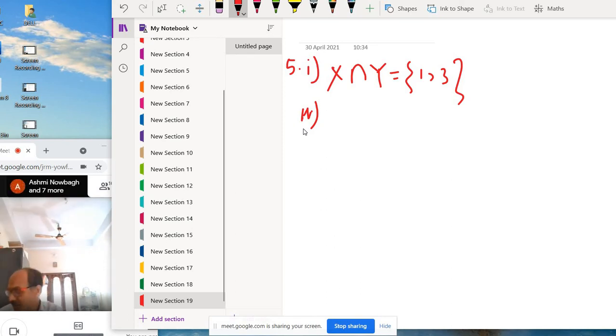Only A is common from both A and B. So A intersection B equal to A, small letter a. That is common.